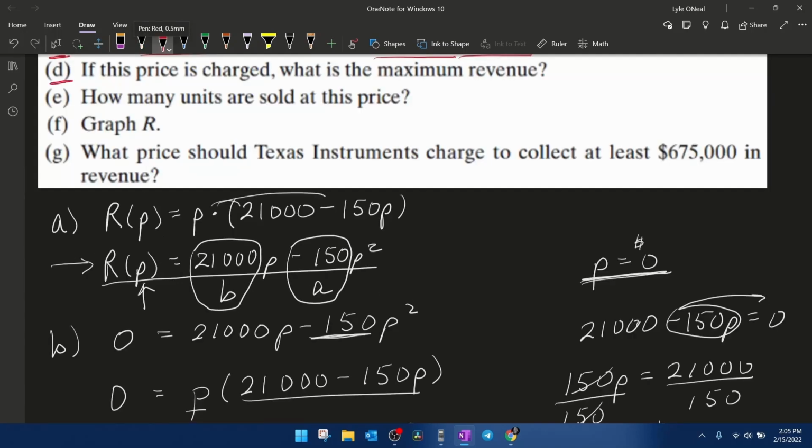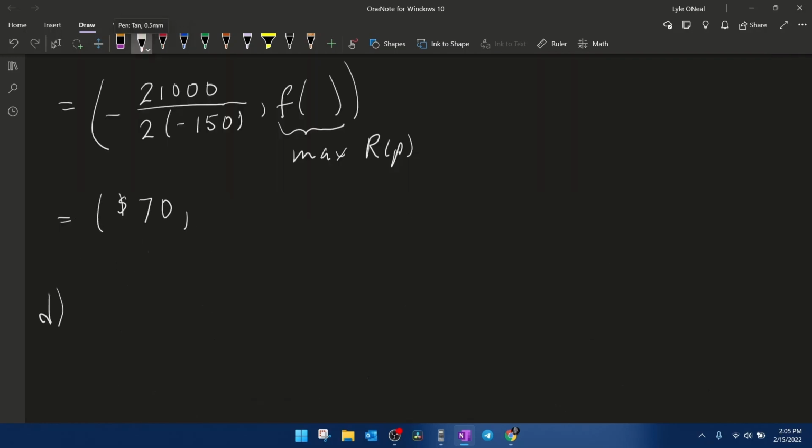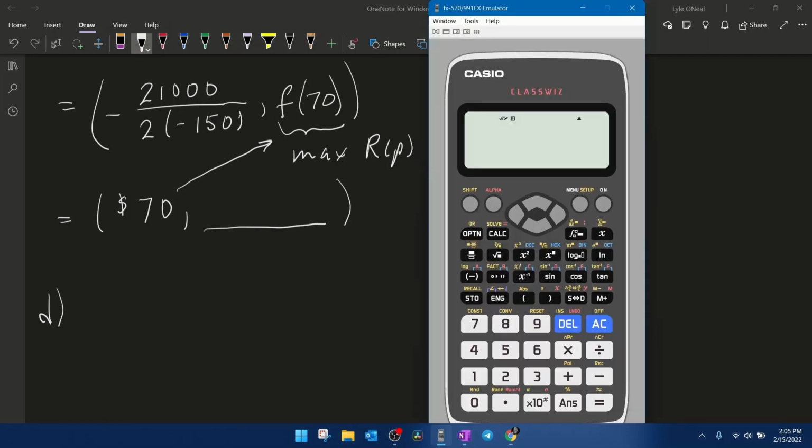Part D, if this price is charged, what is the maximum revenue? So part D is going to depend on us finishing the vertex formula. Knowing that we're going to plug in 70 into the function and work it out to get the maximum revenue, we're going to bring up our handy-dandy calculator and input that calculation.